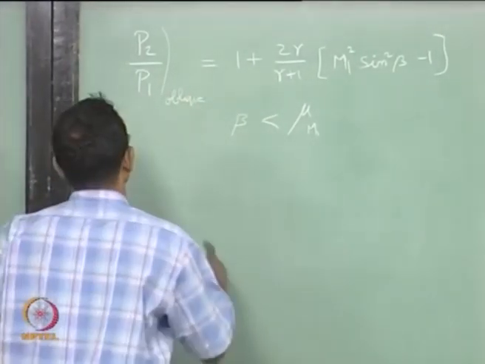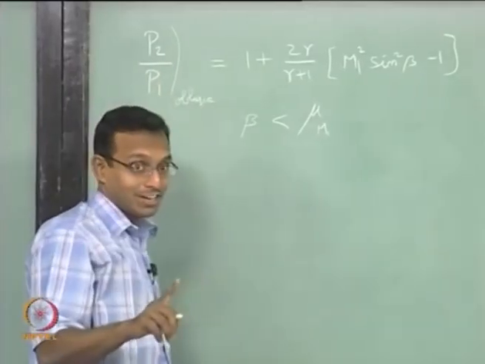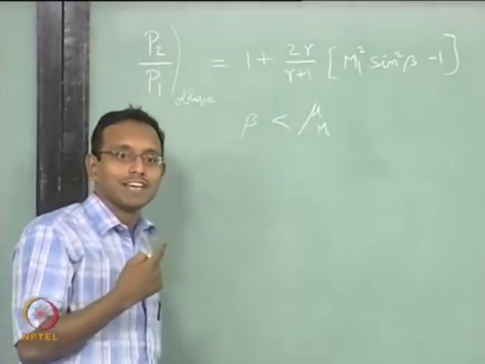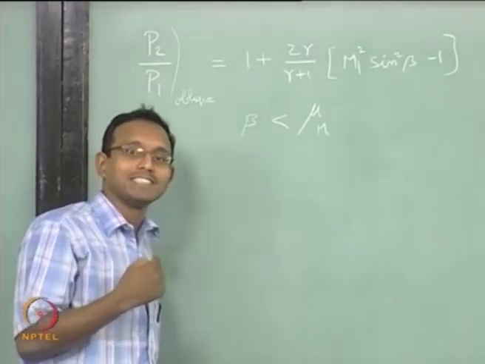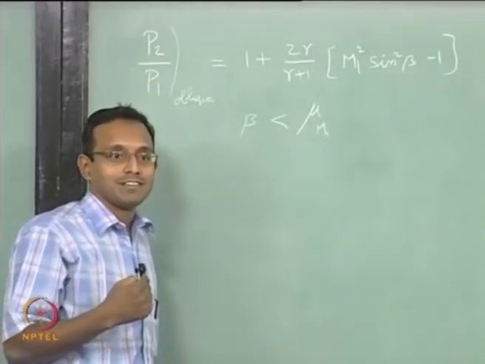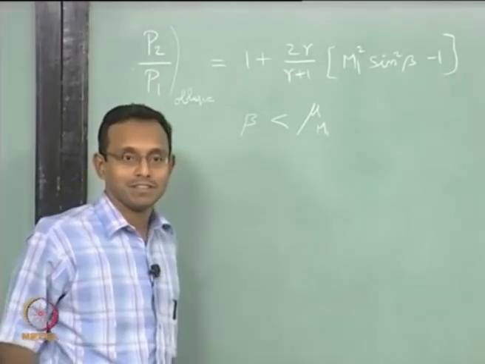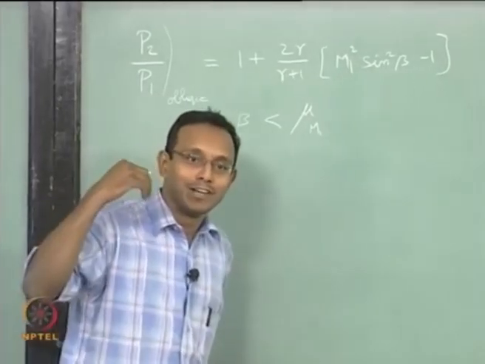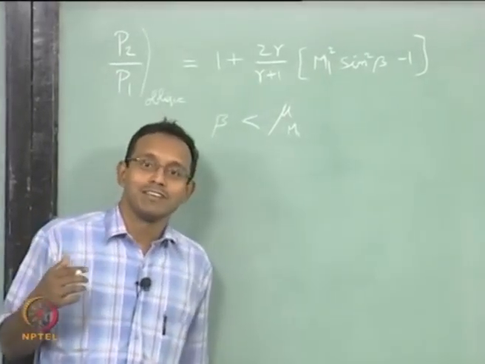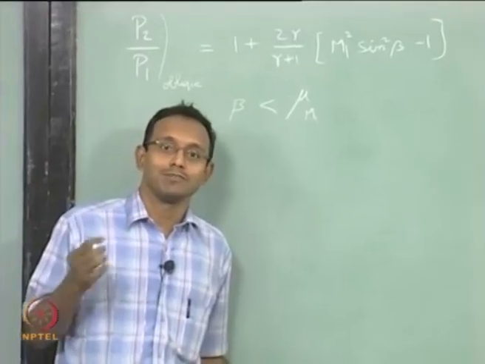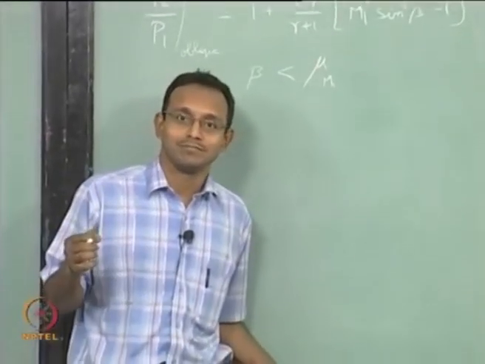It is still a shock in our case, but it is a shock which has P2 less than P1, which means it is an expansion shock, which we already disproved long back in the normal shock situation, where we said that delta S by R for those cases will be less than 0.